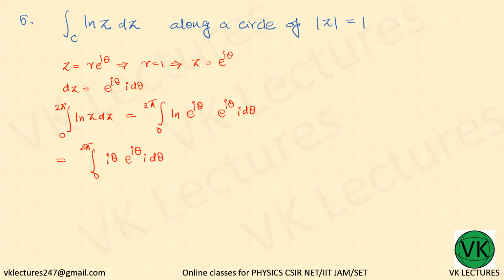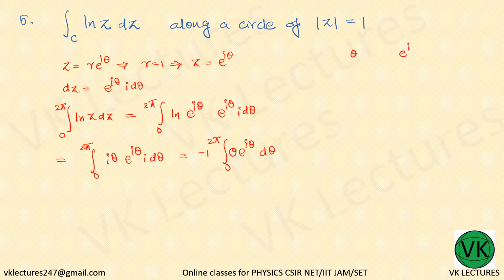So that's equal to minus 1 times the integral from 0 to 2 pi of theta e to the power i theta d theta. Now we can write theta e to the power i theta.